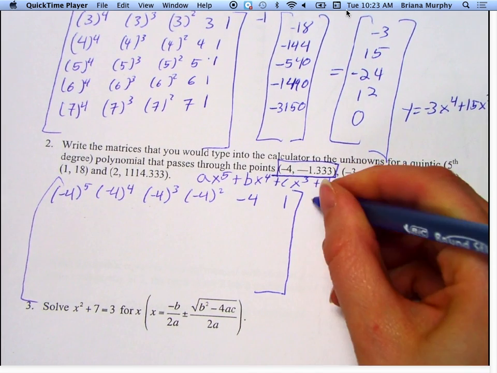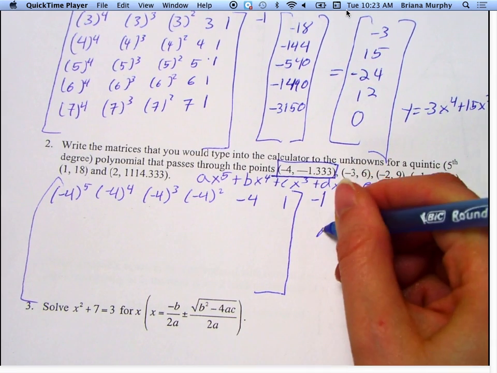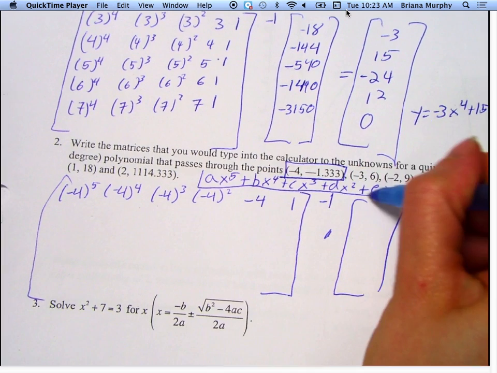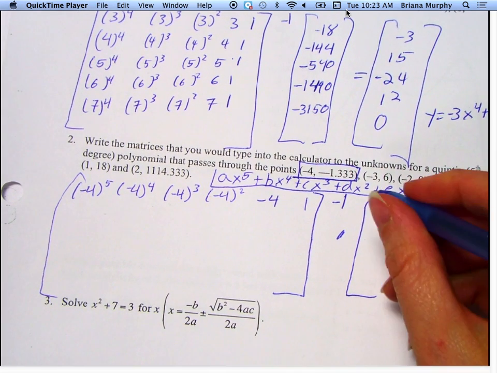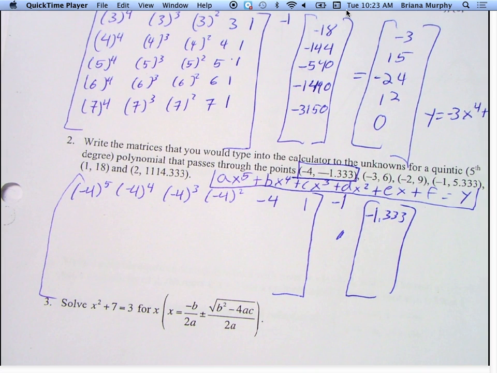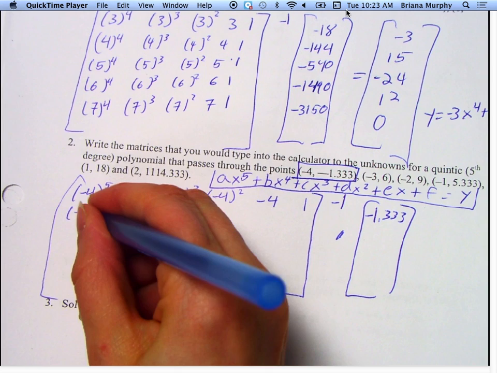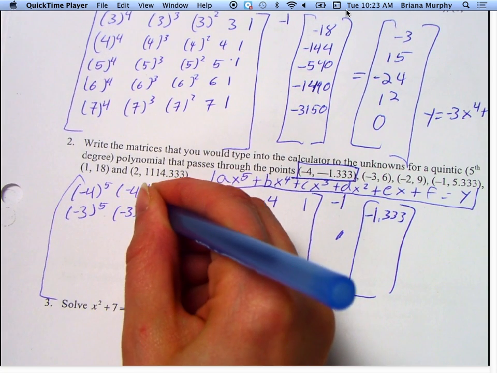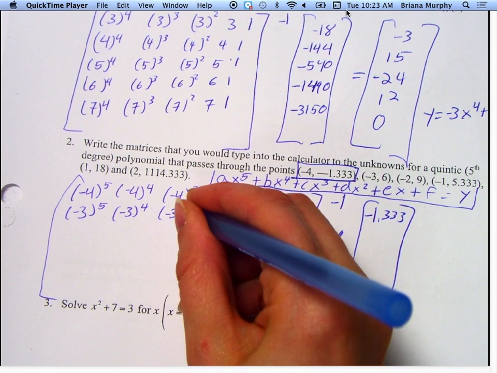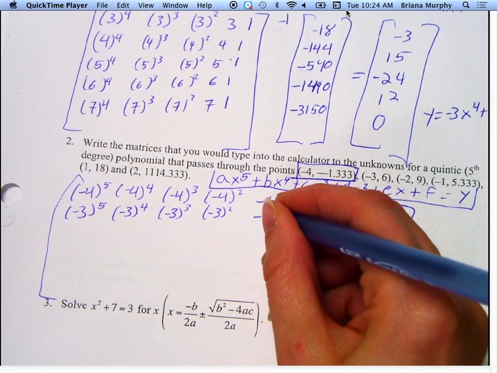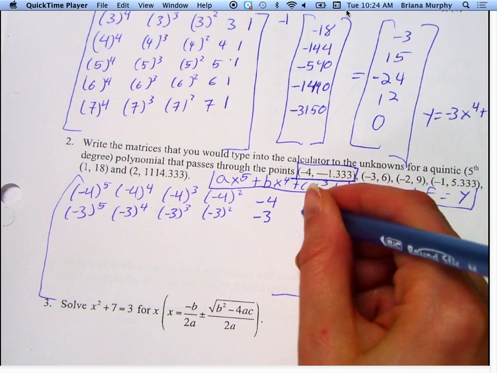In my constraint, we raise that to the negative 1, and we multiply it by my constraint matrices, which is going to be negative 1.333. Okay, next I'm going to say negative 3 to the 5th, negative 3 to the 4th, negative 3 to the 3rd, negative 3 squared, negative 3, and 1.